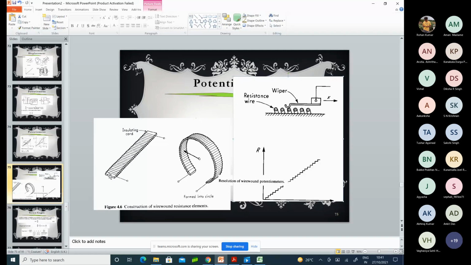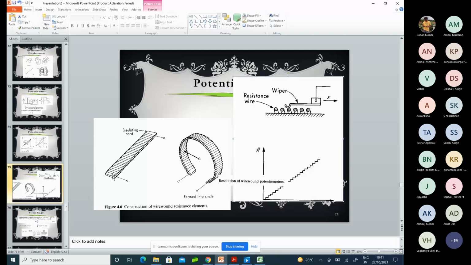But when you are going to the next wire, that means this wire is making one round and coming to the next point. But the wiper is not going through the wire, it is going to the next point. So the resistance of that one wound is not covered by the wiper. So if you plot the resistance versus the displacement, one displacement means the next wire, but the resistance is not changing continuously, it is changing in a discrete way, because the wiper is not covering the full wire.